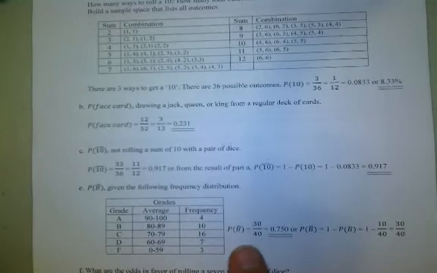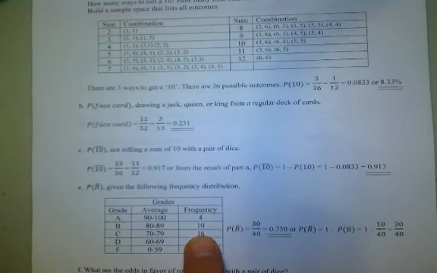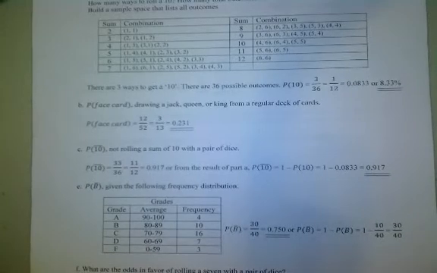And in reality, sometimes it's just easier to do the not case, and sometimes it's easier to do it this way. In other words, all I had to do was look at B's and then go 10 out of 40, whereas here I had to do the 4, the 16, the 7, and 3. Now there's only 5 classes, but if I had a lot more classes, that would definitely be a problem.